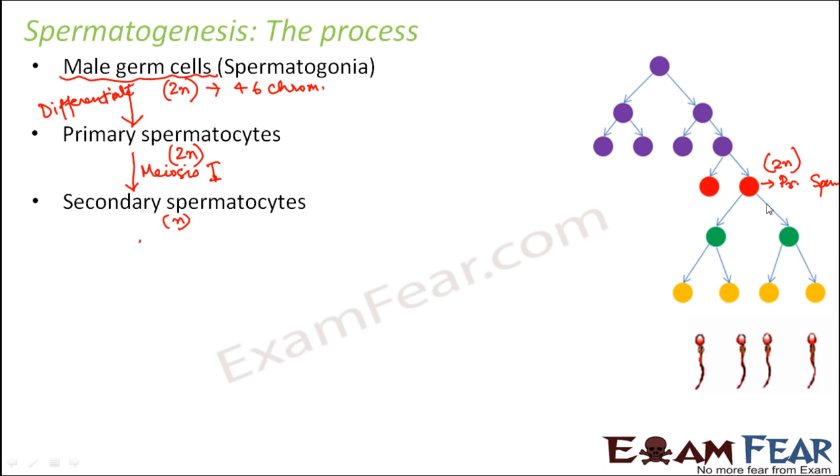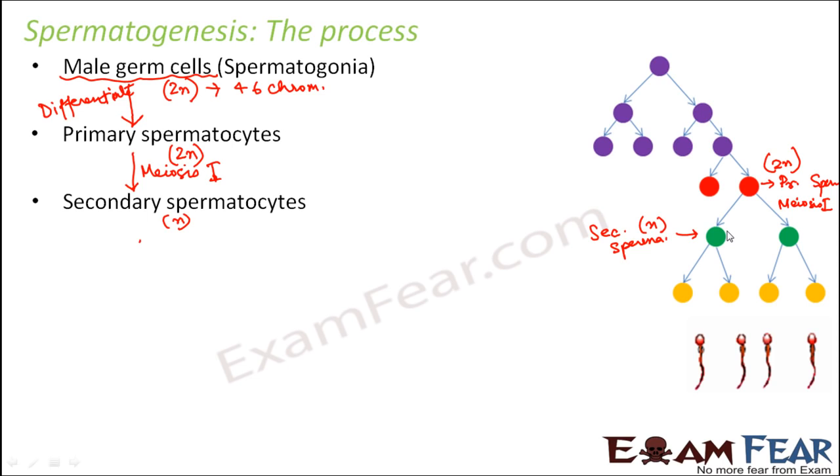Now this primary spermatocyte undergoes meiosis 1, and as a result, secondary spermatocytes are formed. The secondary spermatocytes are haploid. So the green cells which you see represent secondary spermatocytes.